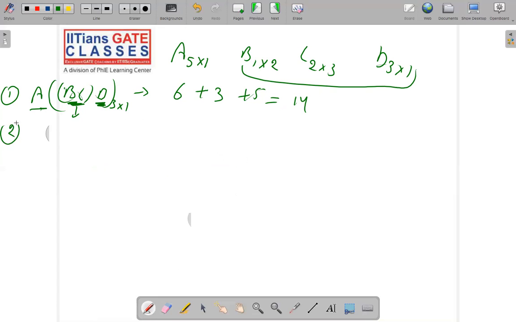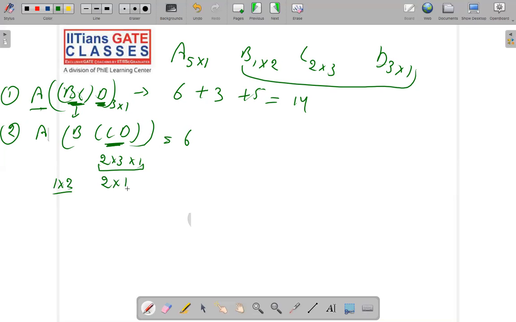Now let's do the calculation for the next option, which is A, B, C, D. We will multiply CD first. What is the effort for CD? It's 2 into 3 into 1, which is 6. And the matrix dimension will be 2 into 1. It will multiply with 1 into 2 of B, which is 1 into 2 into 1, equal to 2. The matrix will be 1 into 1, which will multiply with A, and it will be 5.